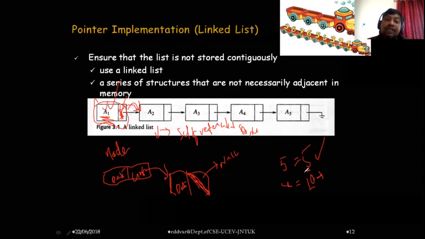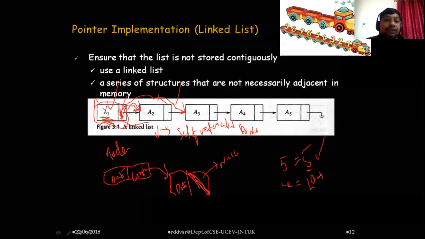But the advantage with the linked list is that it can be created instantly as and when it is required. Suppose I want to delete this element, I can delete it. All that I need to do is adjust this pointer in such a way that it points to the next element, A3, so that A2 is deleted.